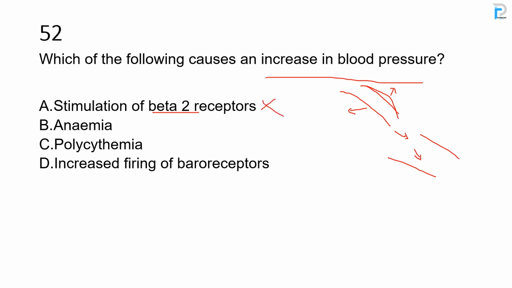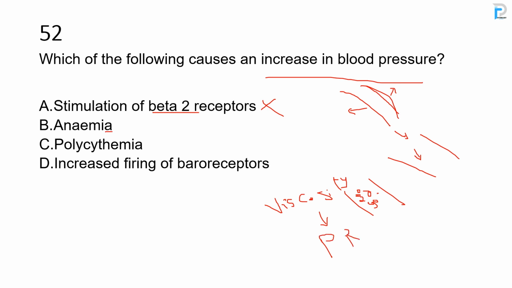Anemia. Anemia means decrease in the number of red blood cells. And red blood cells in the circulation contribute to the blood viscosity, and the blood viscosity contributes to peripheral resistance.